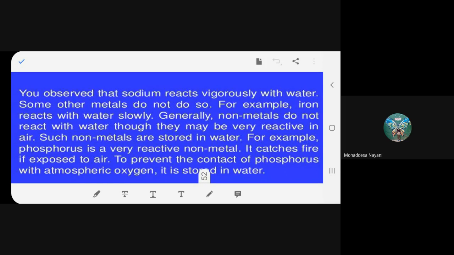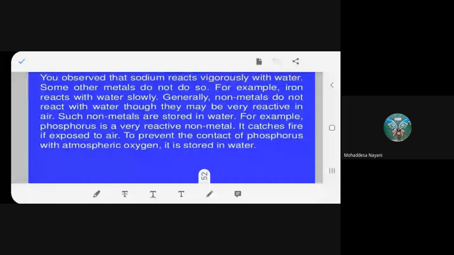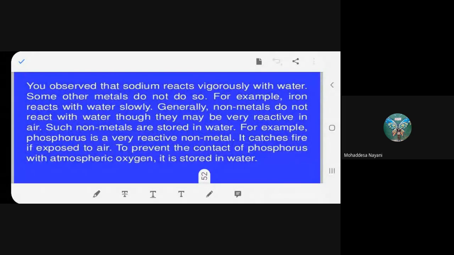Such non-metals are stored in water. For example, phosphorus is a very reactive non-metal. It catches fire if exposed to air. To prevent the contact of phosphorus with atmospheric oxygen, it is stored in water.